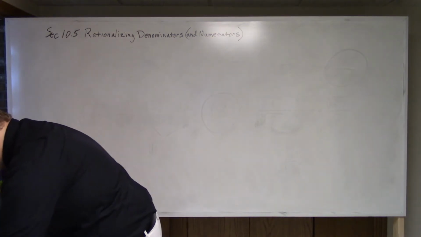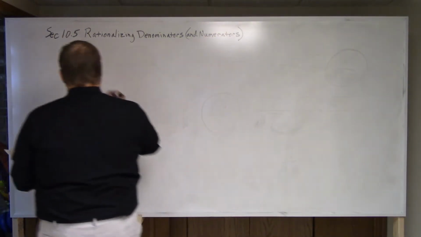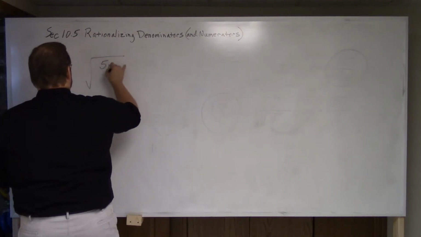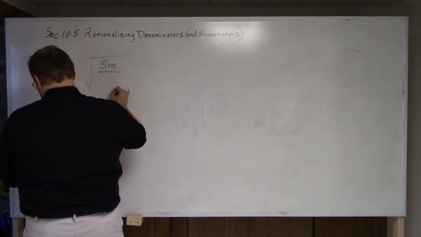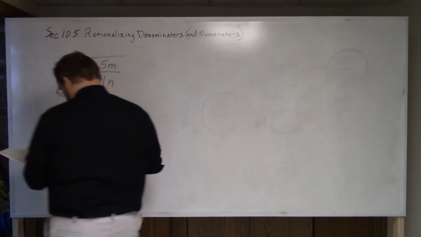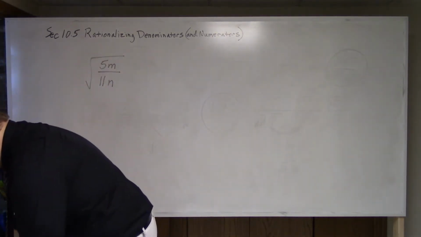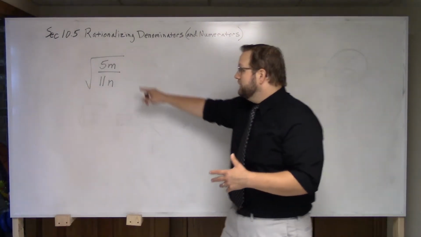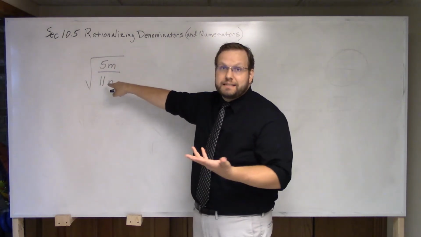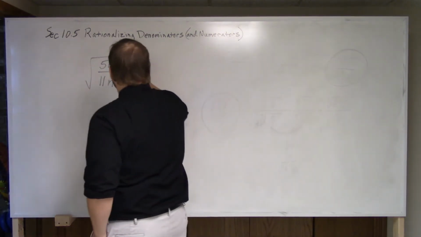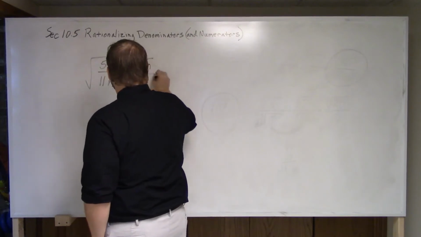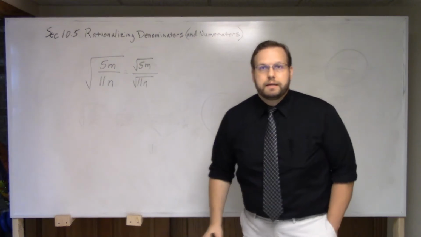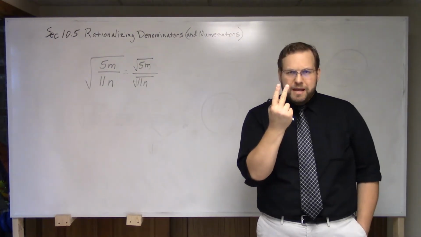Let's say that. Again, it would be really nice if this was one big radical, if this was simplified. It's not. So let's split it up. We got square root of 5m, square root of 11n. Now remember, we're back to square roots, so we need pairs of things.